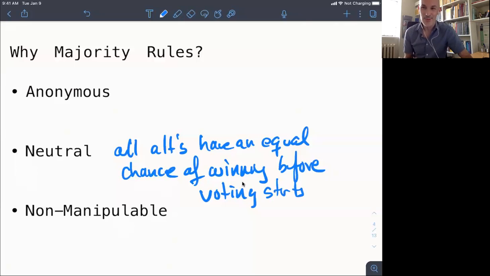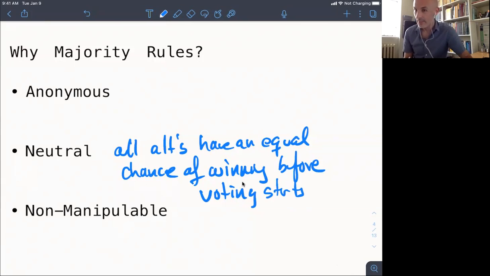That was not the case with our taller example. When the taller person is going to win, no matter what, all alternatives do not have an equal chance of winning before you start. Really what this is about is that this is invariant under permutations, but I'm happy just to leave it like this.